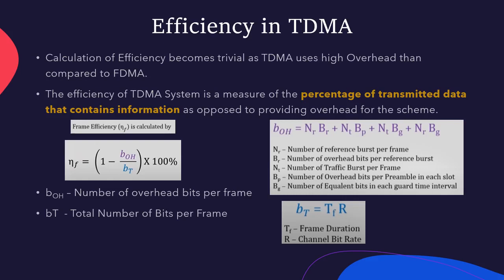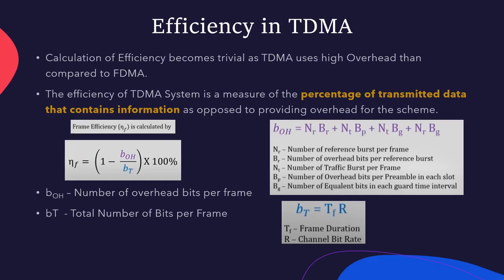We cannot eliminate the overhead in a TDMA system. The efficiency of a TDMA system is a measure of what percentage of the transmitted data contains information out of the total transmitted data, that is, how many bits represent information and how many bits represent overhead. So that is the efficiency of TDMA.